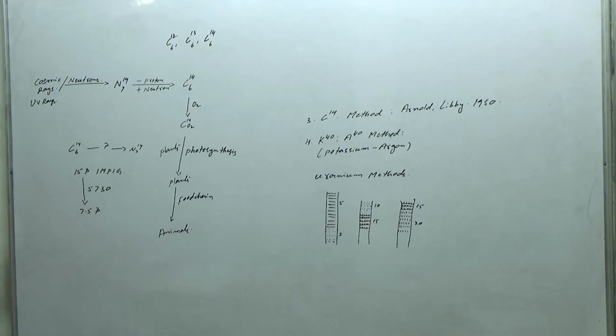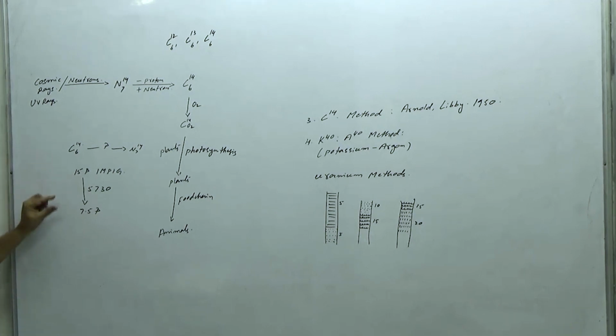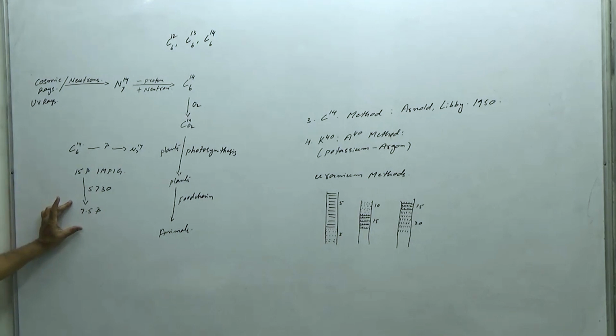If you take 100 grams at a time, then the number of beta radiations is 1500. After 5730 years, the total number of beta radiations is 750. Half of that, is it?